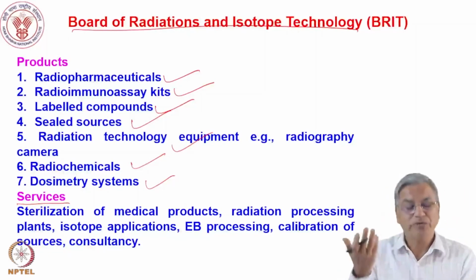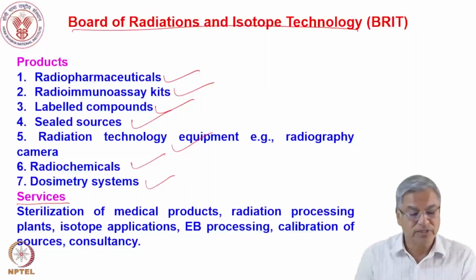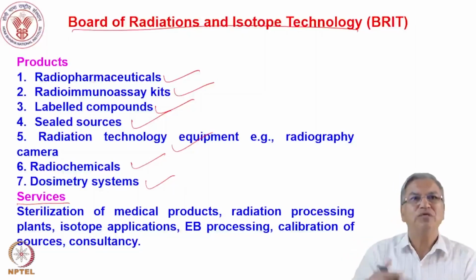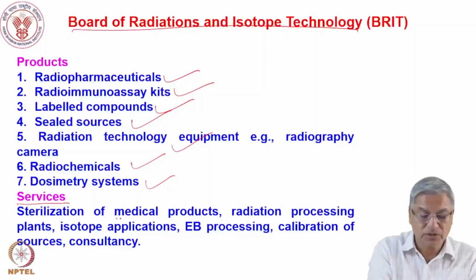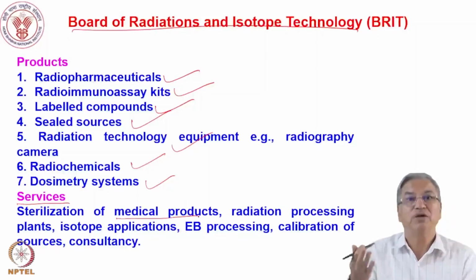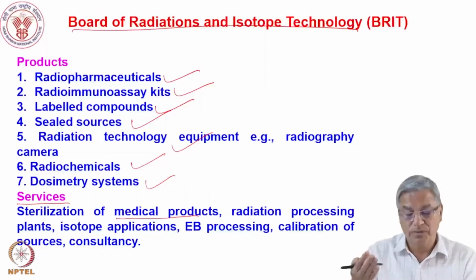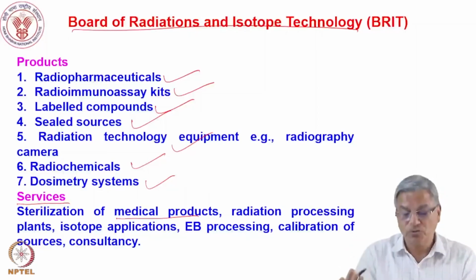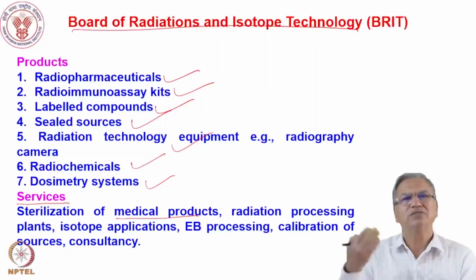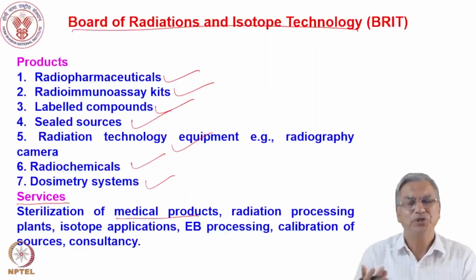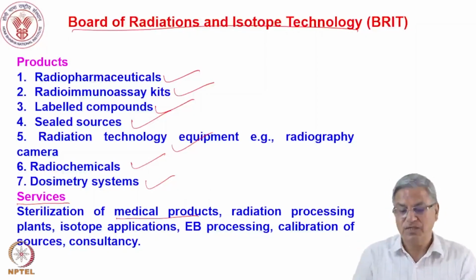You can go to the BRIT website and see what products they supply. And for larger products, medical products sterilization, processing, vulcanization of rubber, and many others, electron beam processing for insulation of cables, consultancy, calibration of radioisotopes, all the facilities and services are provided by BRIT in the country. You can go to their website and see what they do.